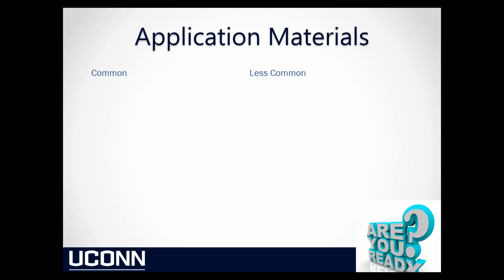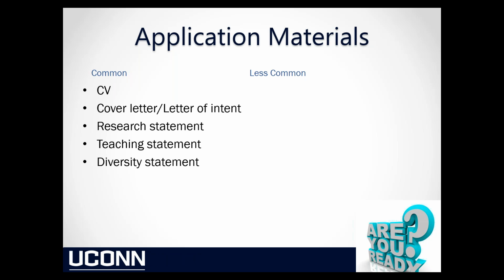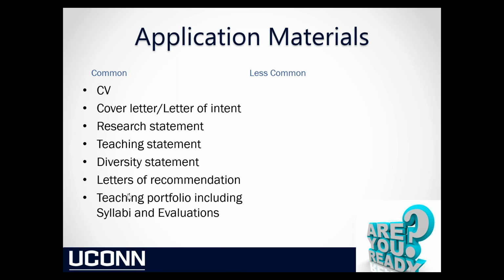Let's get started by looking at the most common application materials requested by faculty hiring committees in the US. It's a pretty long list. We have a CV, cover letter, or sometimes this is referred to as a letter of intent. We have 3 types of statements: research, teaching, and diversity, letters of recommendation, teaching portfolio, including syllabi and evaluations.